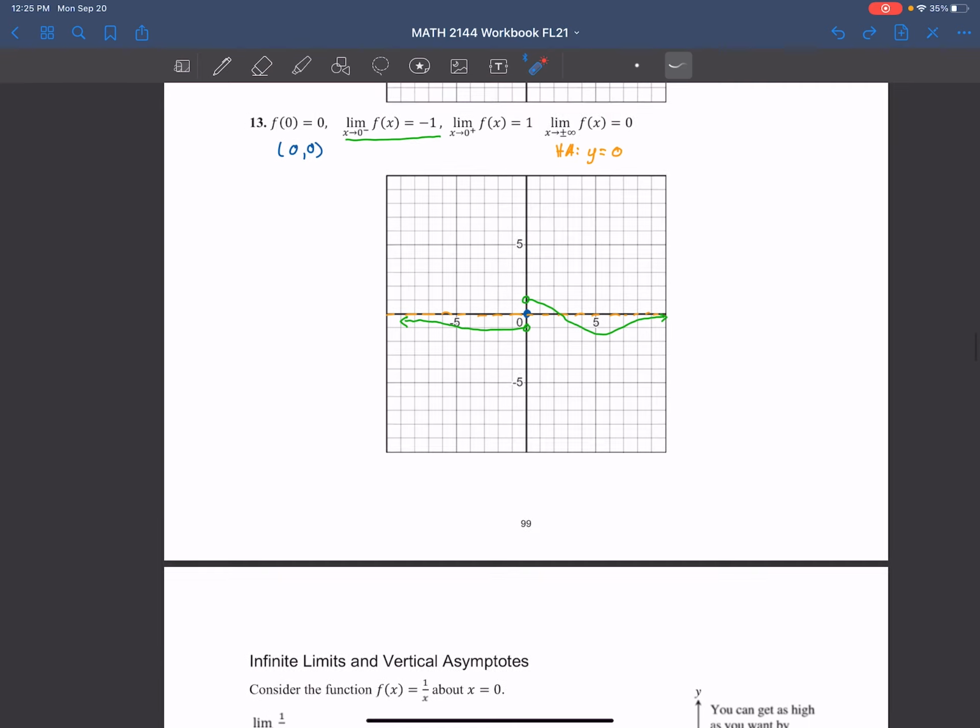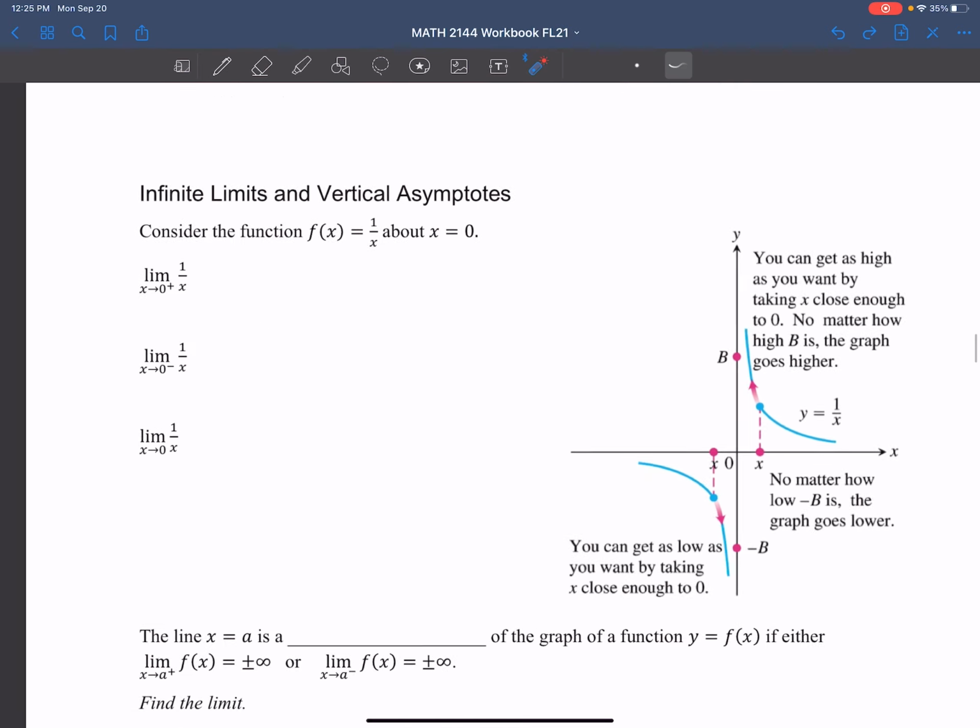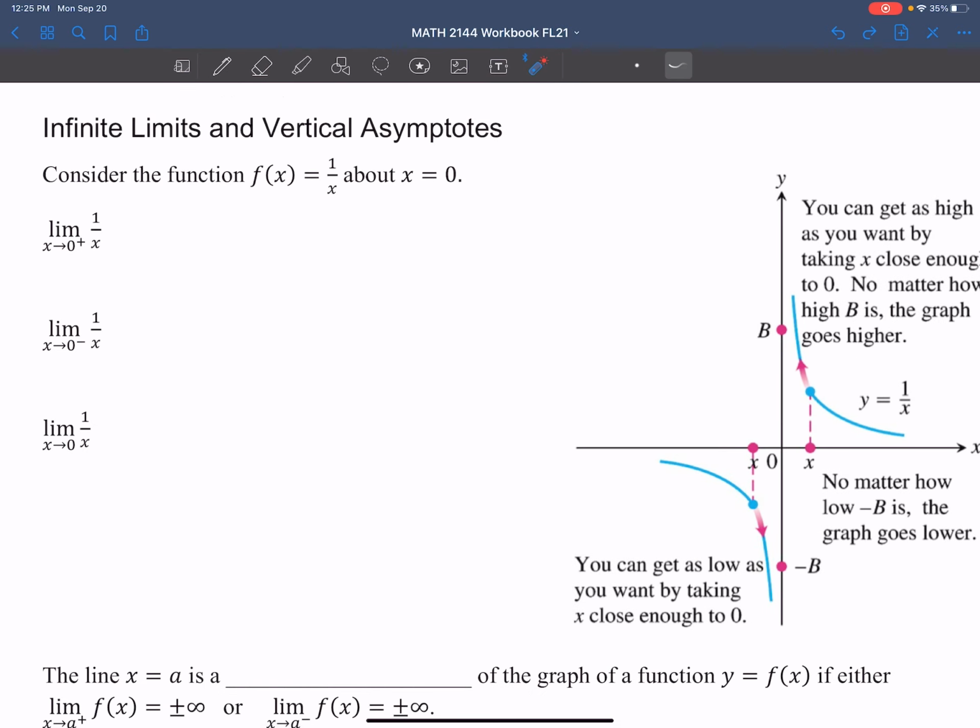So there's one more idea that we need to explore in chapter 2, and that is vertical asymptotes. We already saw them visually. You can see as x approaches 0 from the right-hand side, the graph goes up to positive infinity.